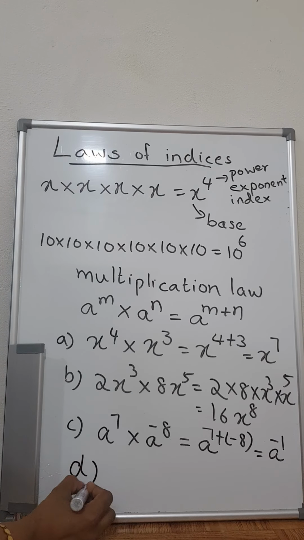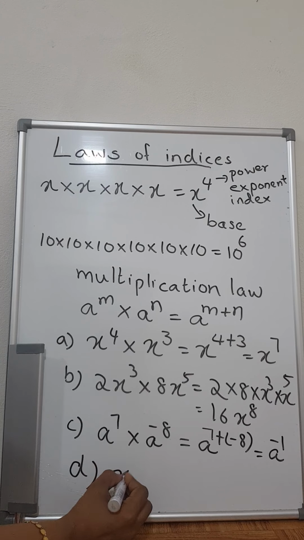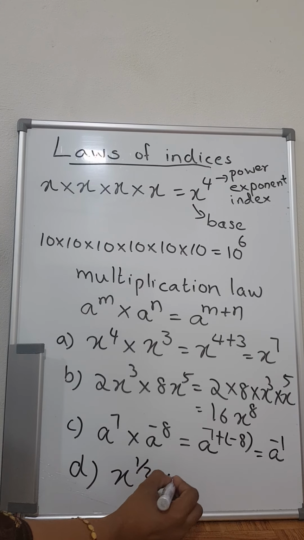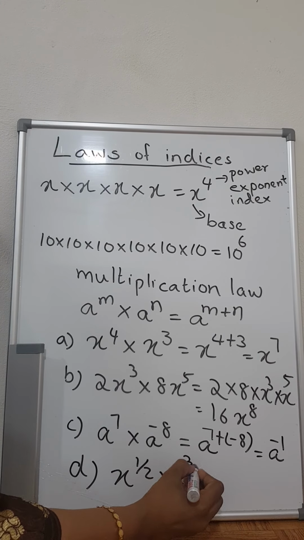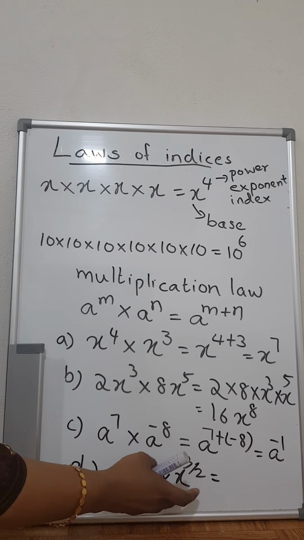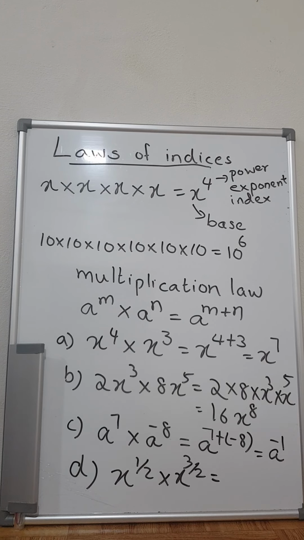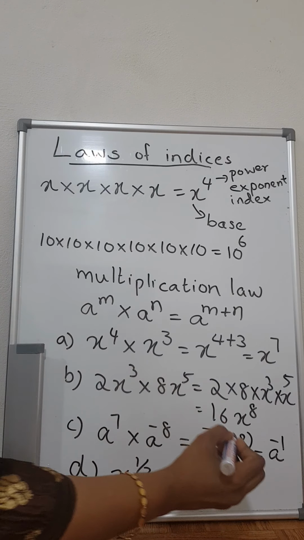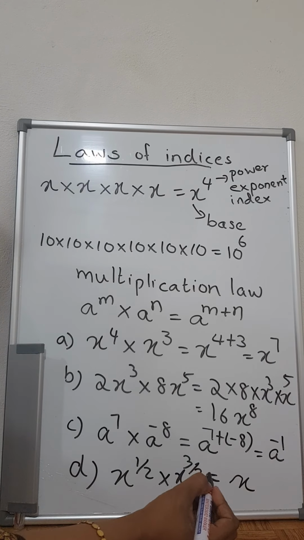See more examples. x to the power half times x to the power 3 by 2. Looks a bit scary, right? But we aren't scared, because we know if the bases are the same, we just need to add the powers. So we can retain the base, add the powers.